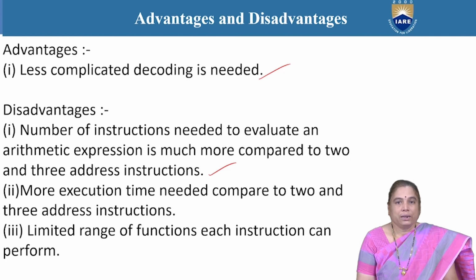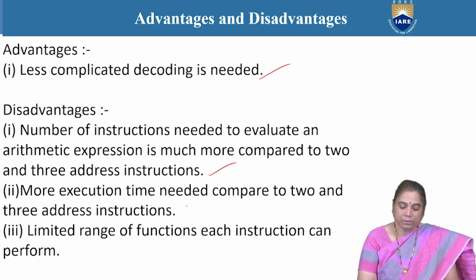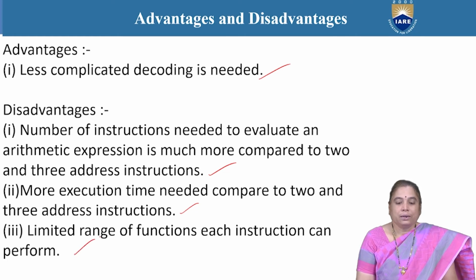There is a facility of specifying only one explicit address. So the number of instructions and the length of the code can be increased if you use the one address instruction format. More execution time is needed, and there is a limited range of functions each instruction can perform. So these are the disadvantages of the one address instruction format.